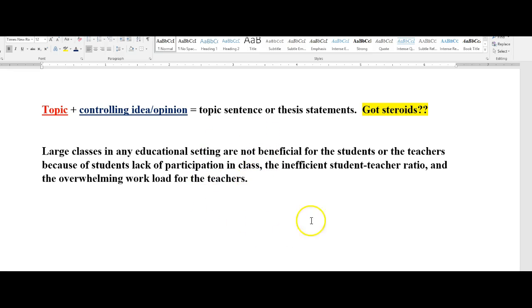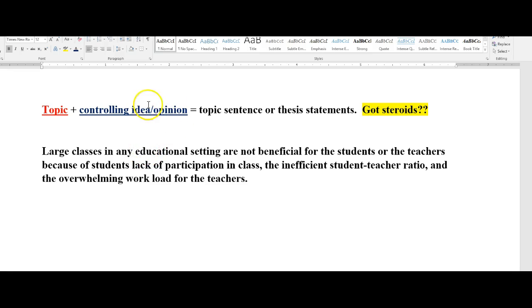First of all, if this were a quiz and I asked you where's the topic, you would say, what are we going to learn about? Large classes in any educational setting. I could have been even narrower, saying large classes in high schools, colleges, elementary schools. But I think this carries across all educational settings.